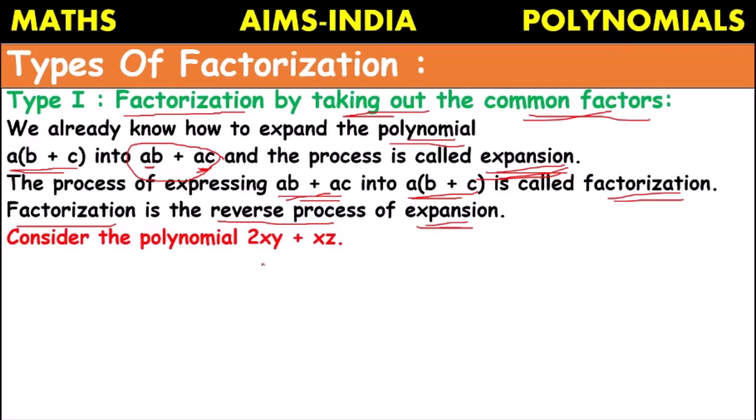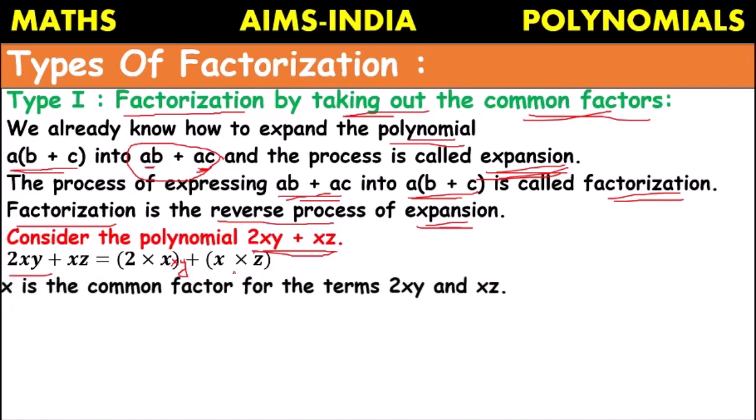Now I want to factorize this polynomial 2xy plus xz. 2xy I can write as 2 into x into y, plus x into z. So here in both the terms x is there.